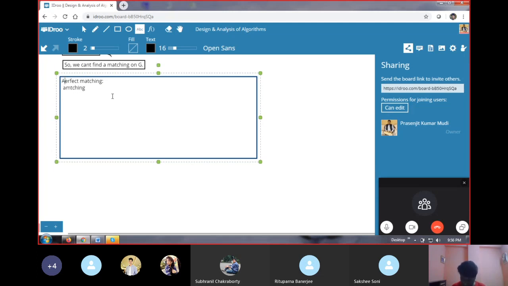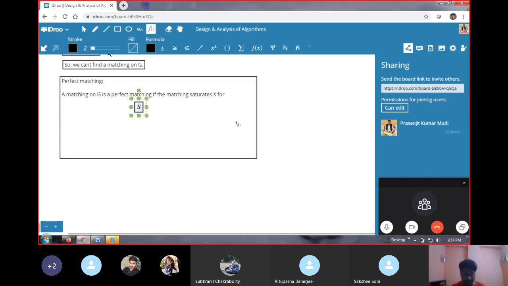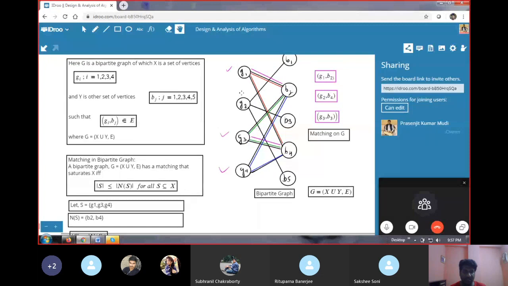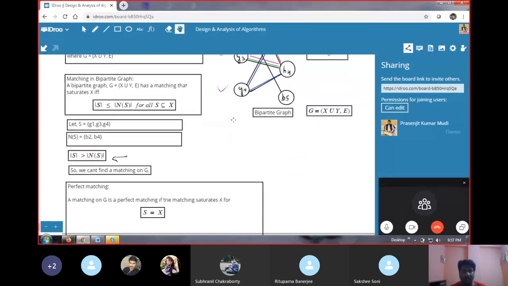A matching on G, a perfect matching, is a matching that saturates X. So we have to find a match for all the girls belonging to the set capital X. Then that matching I will call a perfect matching.